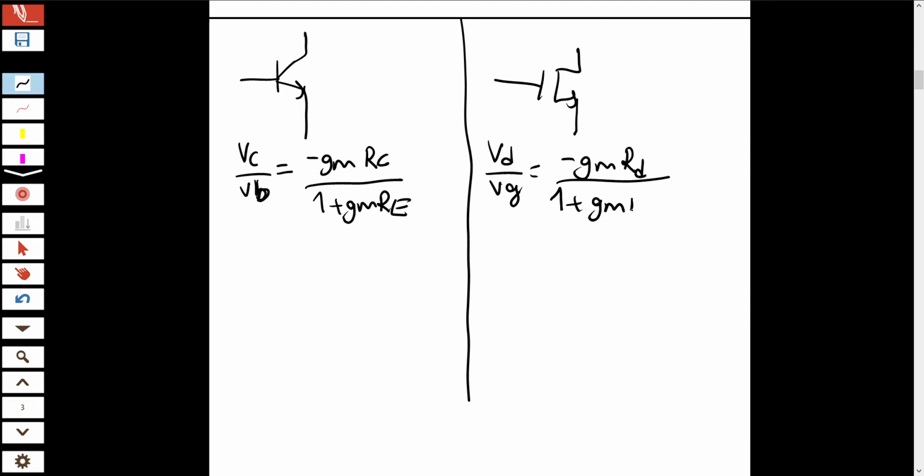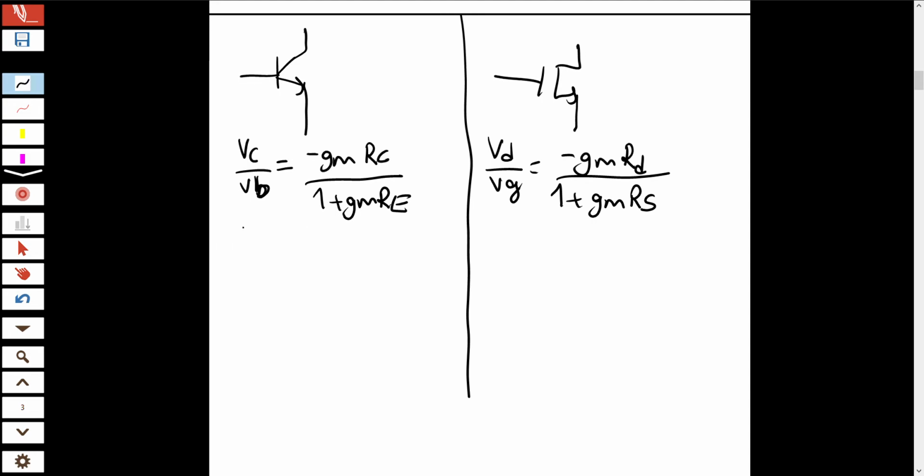If you hesitate here, you can go to my previous videos and take a look at the common emitter video, or common gate or common base videos, and you will see that we have calculated these gains. So you can make the analogy between MOSFET and BJT case.